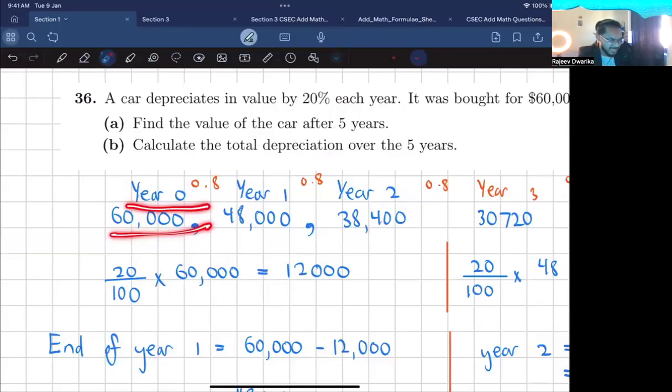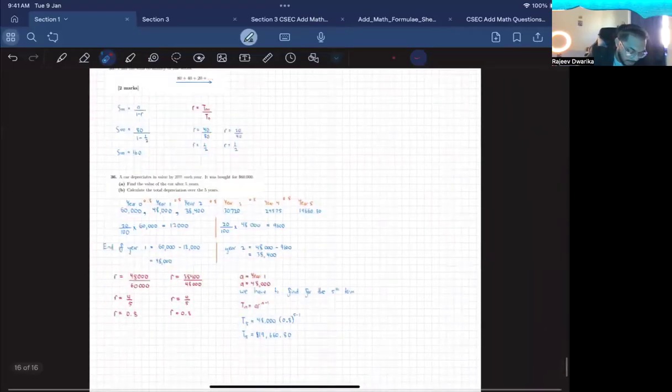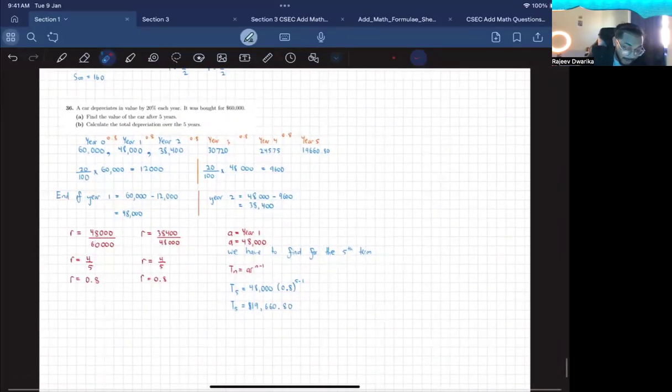Would you have said 60,000 is year zero? No. But think about it. When you buy the car initially, did any time pass? No. So that's technically year zero. It's only at the end of the year that it will be year one, and the car will be 48,000 by then. So I hope everybody understands that.